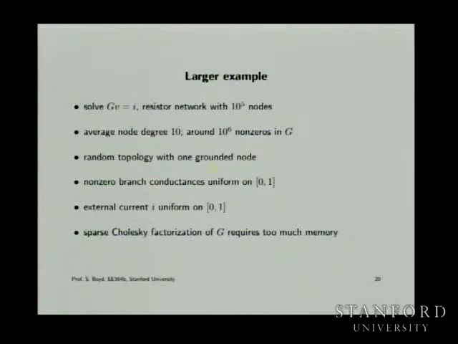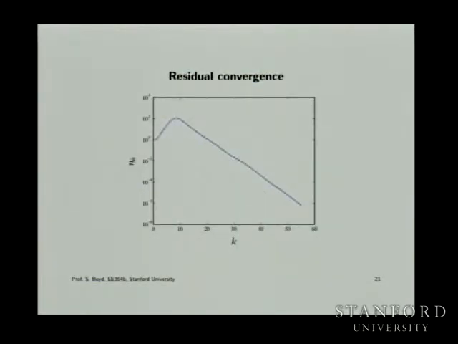Here's how CG runs, and this is the residual. You can see that for 10 steps the residual actually goes up by a factor of 100, generally considered not good. And then it goes back down again.